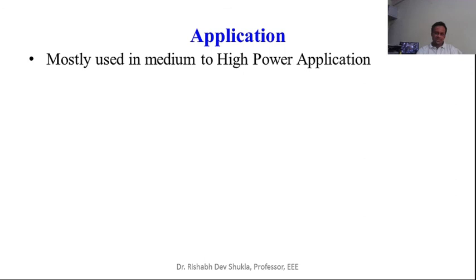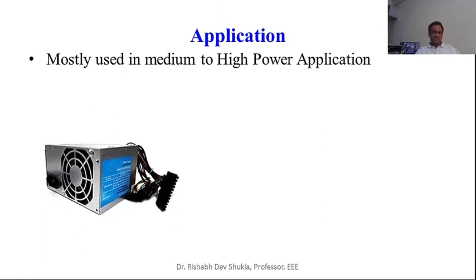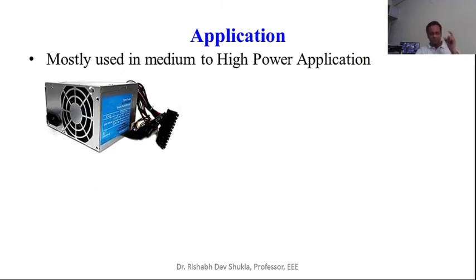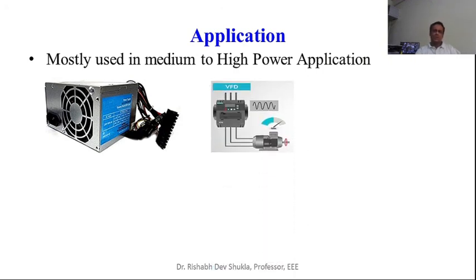Now we are moving towards the application side. We have gathered so much information about the IGBT. Now coming to the application part, where we are going to use these IGBT switches. IGBT is mostly used in medium to high power applications, such as SMPS, switch mode power supplies. We use it in VFDs, variable frequency drives.